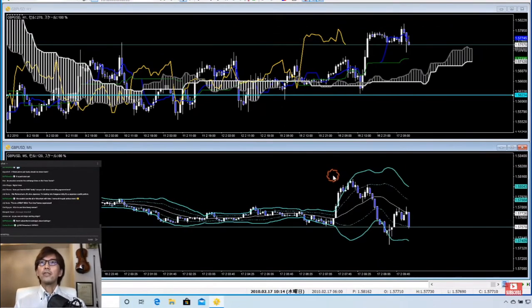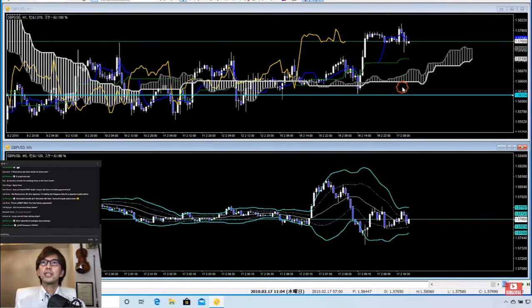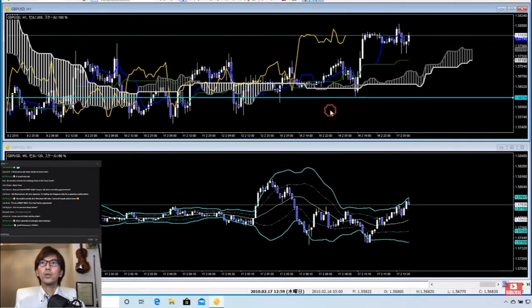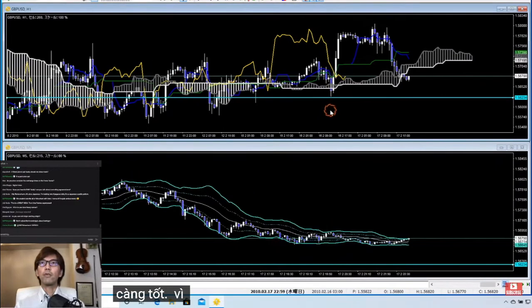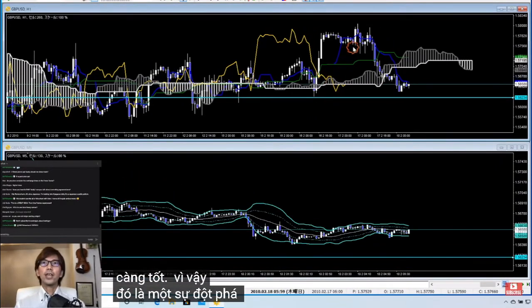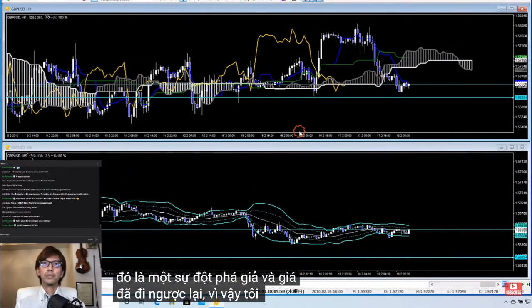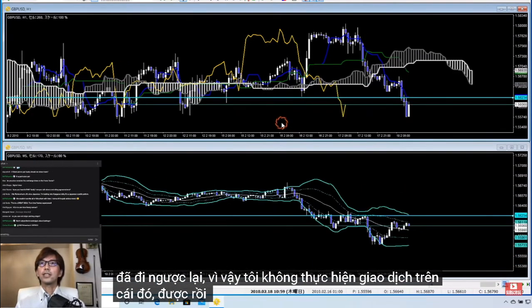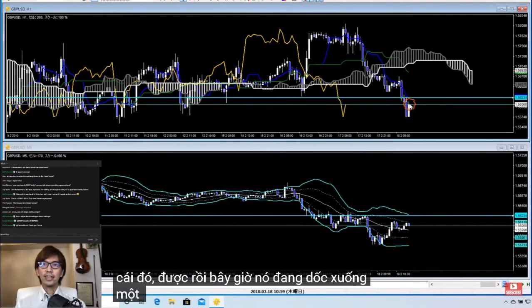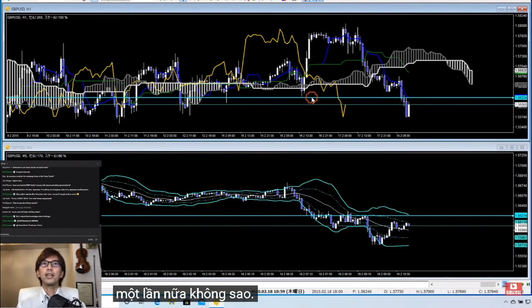Okay, now it's sloping down. The Kumo became flat, Kijun Sen became flat in 1, so just fast forward a little bit more. So it was a fake breakout and the price went backwards, so I don't take trades on that one. Okay, now it's sloping down again. Okay, now there is a breakout of the recent low downwards.